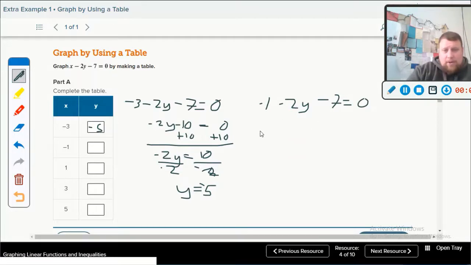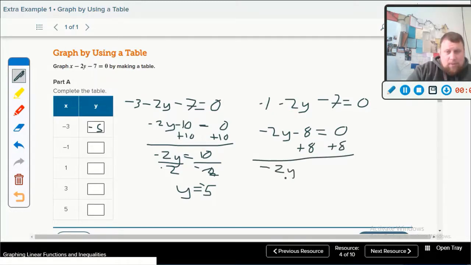And we combine those, we get minus 2y minus 8 equals 0. We can add 8 to both sides. Minus 2y equals 8. Divide both sides by -2, and we get that y equals -4.